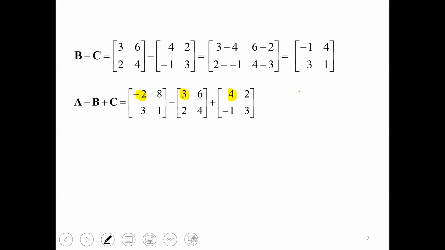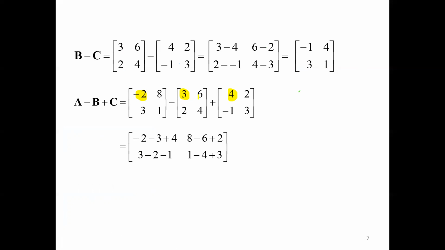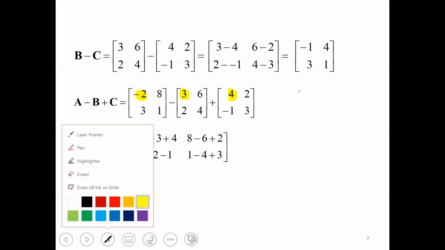Okay, so that's -2 minus 3 plus 4. I put here minus and plus because in the question it's minus and then plus, because they are A minus B plus C.